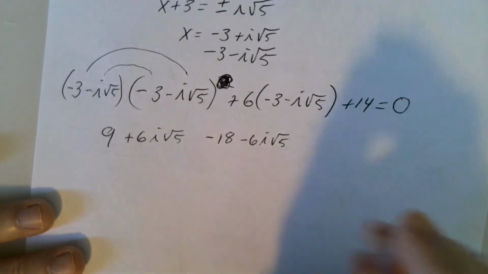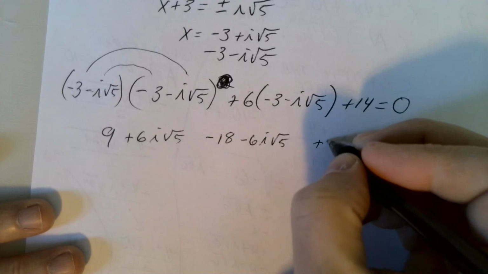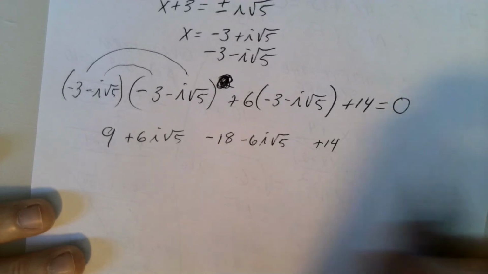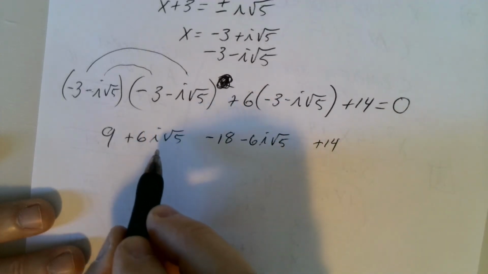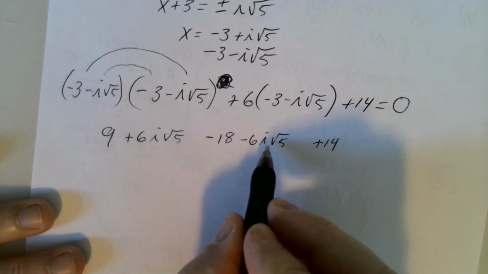And some little ding, ding, ding, dings just went off, right? Plus 14. Good deal. So now I'm going to go ahead here, and 6i root 5 and negative 6i root 5 cancel out.